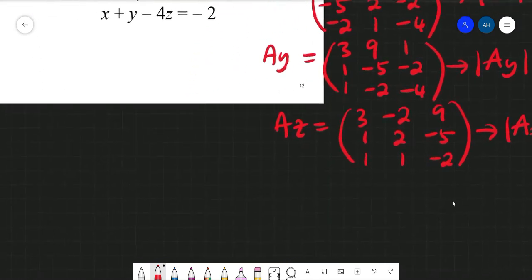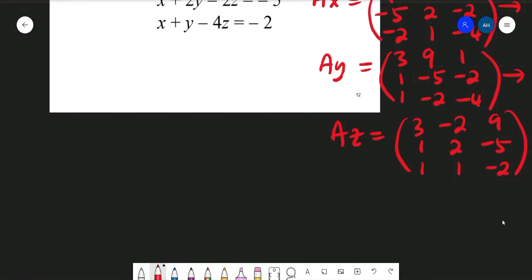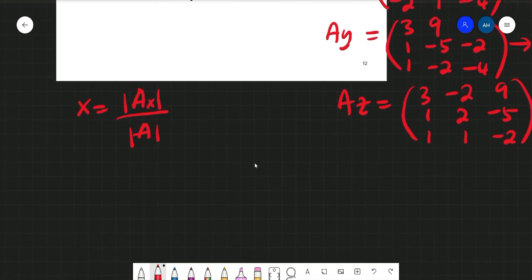After we get all these values, we are ready to substitute to find the value for x. That is x equal to the determinant of AX divided by the determinant of A. If we do the calculation, we have the determinant of AX and the determinant of A, so we can divide and find the value for x.